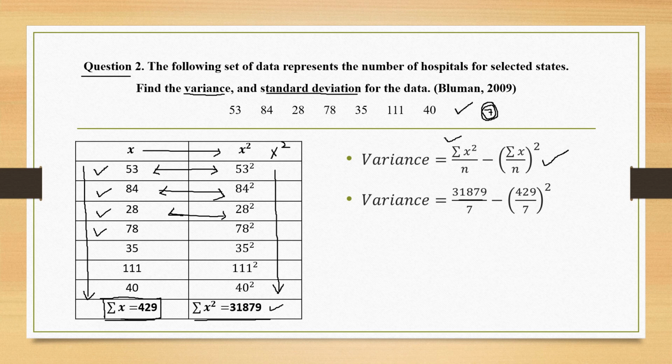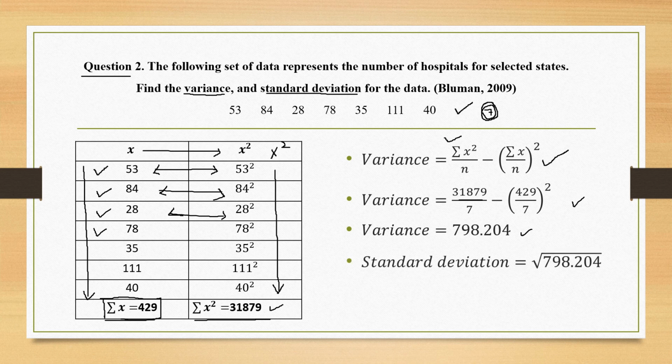Minus 429 divided by 7, whole squared. After calculation, this is our answer: 798.204.